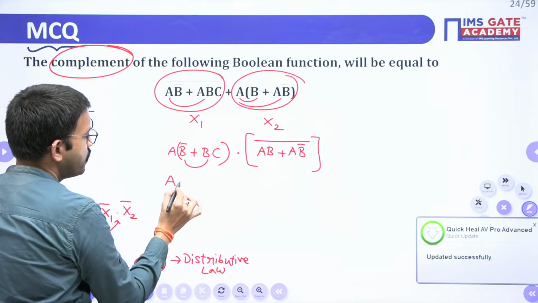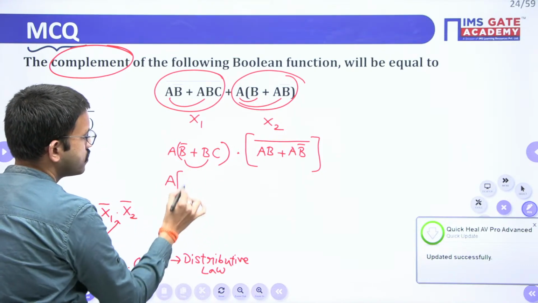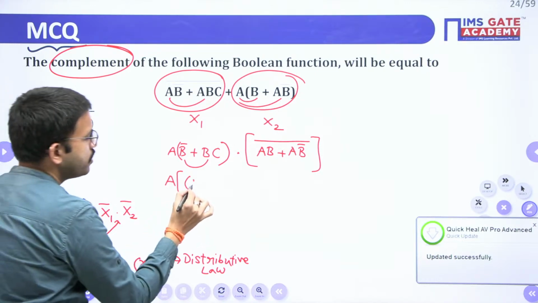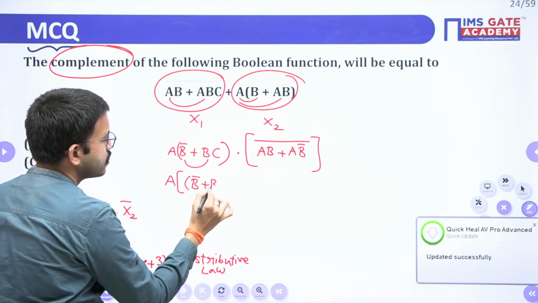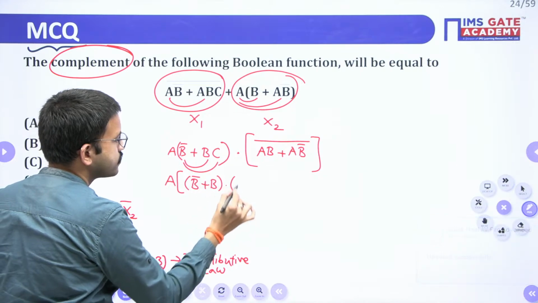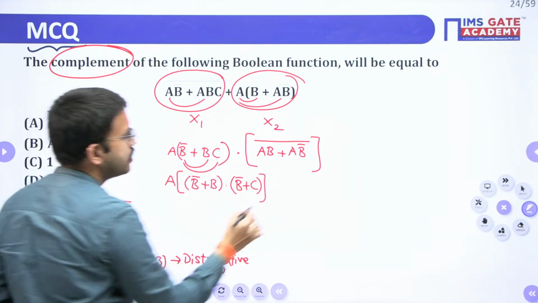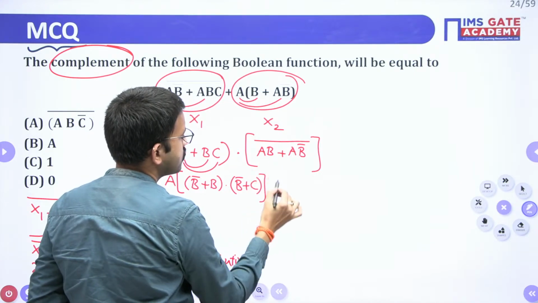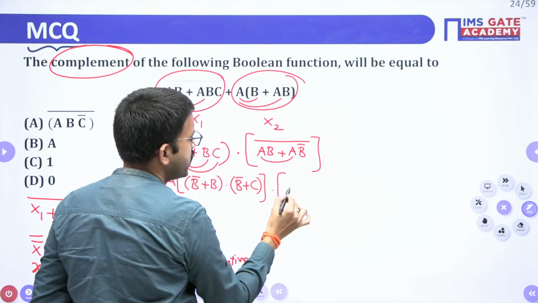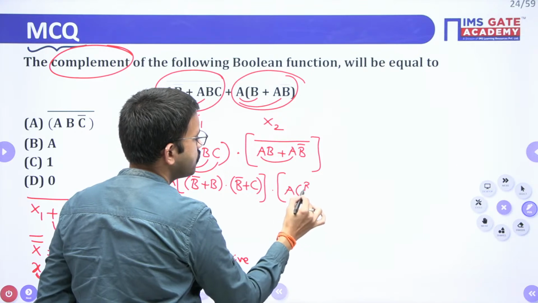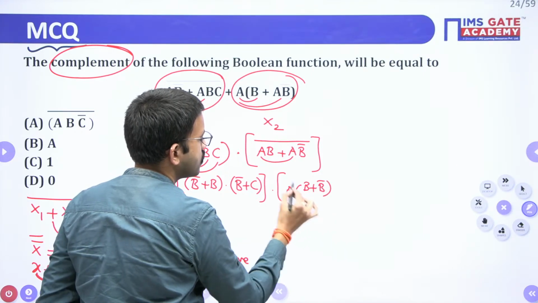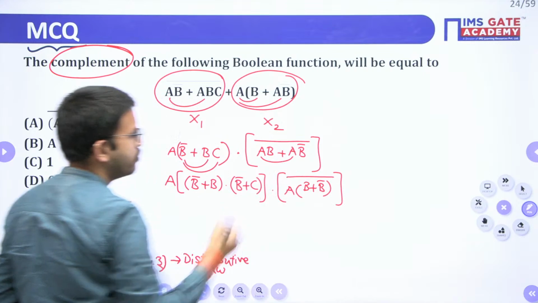So now just apply the same concept here. Here A I am keeping as it is. Then just apply this concept: B bar plus B into B bar plus C. Now here from these two you can take A as common, then B plus B bar, and you are having overall term complement.